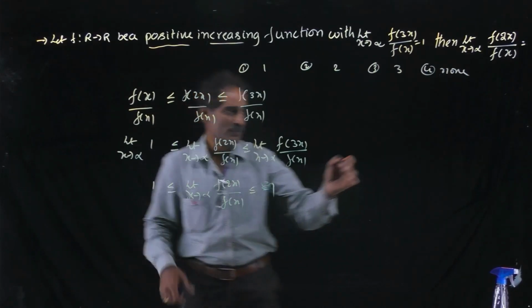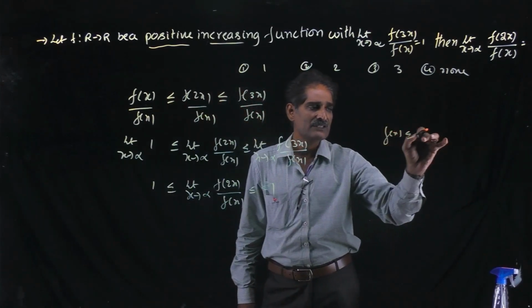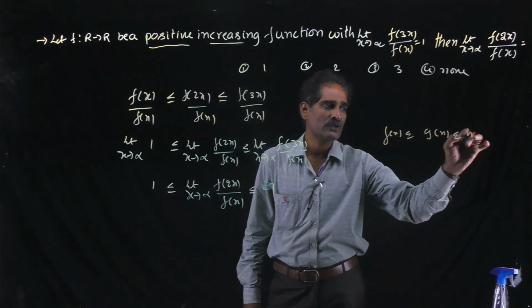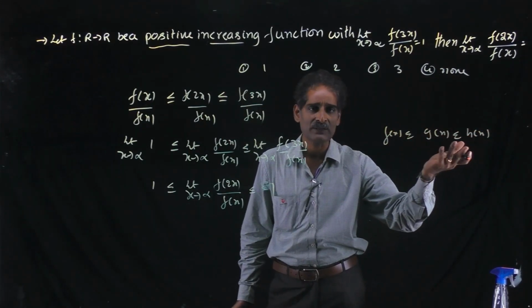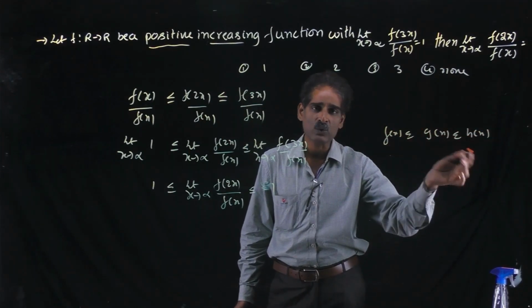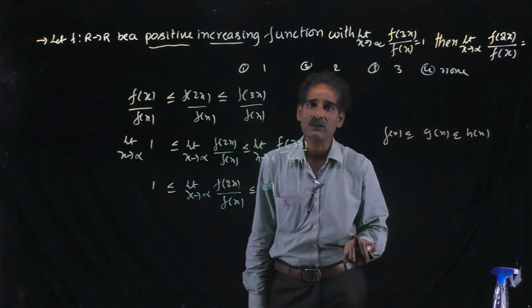Understand? Suppose f of x is less than or equal to g of x, less than or equal to h of x. If you apply the limit as x tends to a, what will be the limit? If it lies between 1 and 1, the value is also 1.